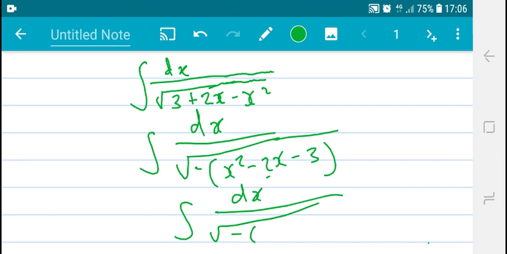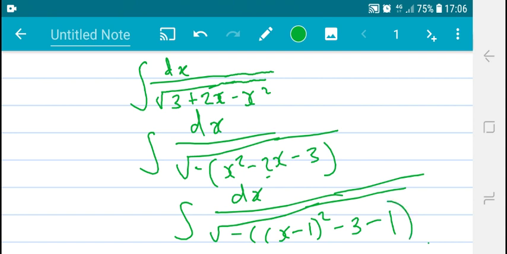So minus, if I divide by 2, I simply get x minus 1, you square that. And then I still have my -3, but of course I have to subtract the square of 1. So I get the same expression that I did initially.